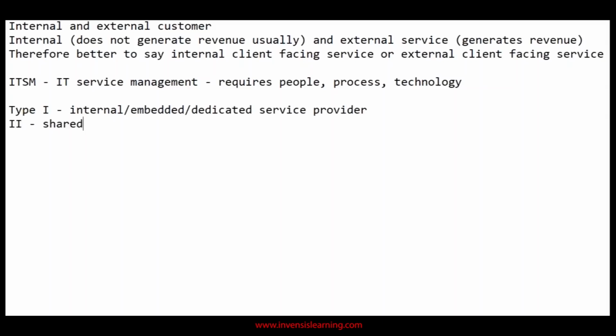Type 2. External. I put service providers because there may be multiple departments. That's why the S plural comes there.